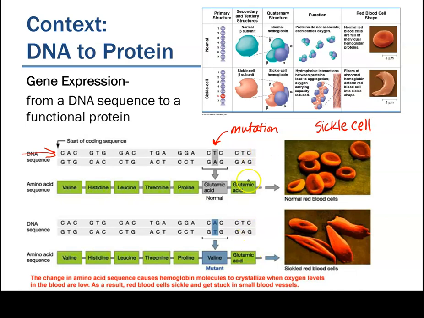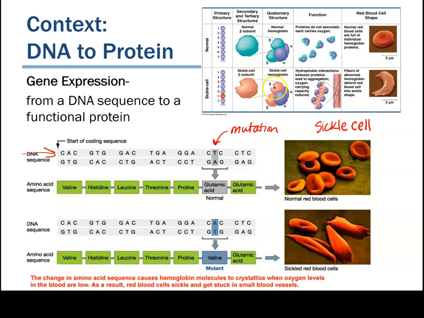On the left-hand side, we have the change in DNA sequence, which causes a change in your protein sequence. And it causes a structural change in the proteins that are being produced. So we go from having this nice, beautiful portion of a hemoglobin molecule to this one with this little divot in it.